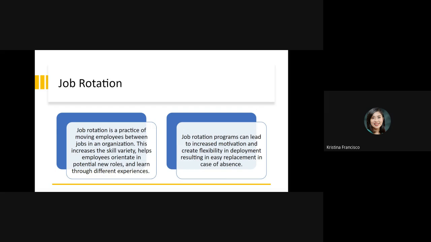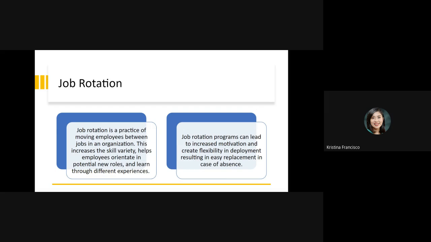We also have job rotation. This involves performing jobs in some sequence, each one for a set period of time. So this is a practice of moving employees between jobs in an organization, and this design increases the variety of skills of workers.